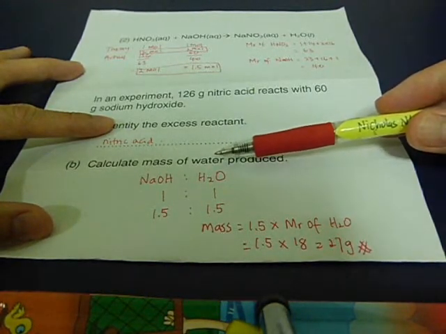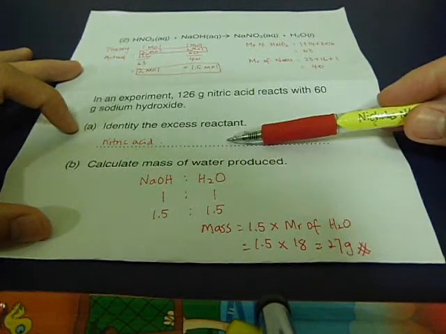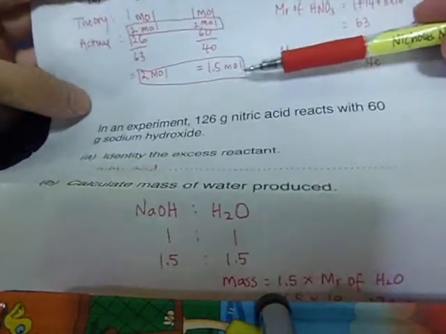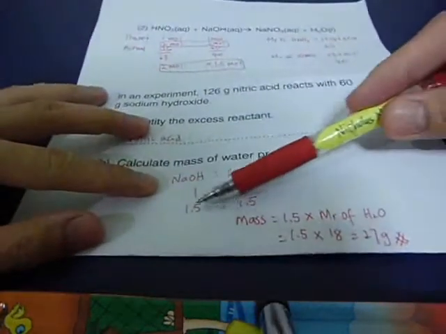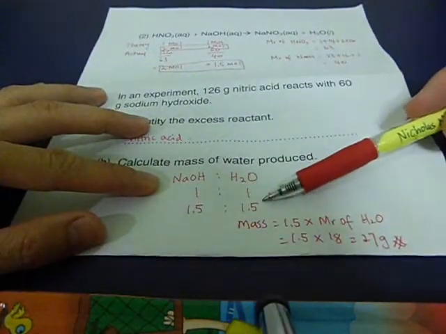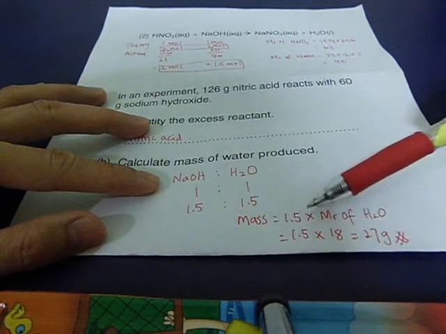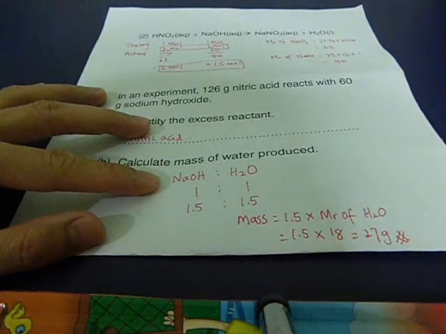The limiting reactant in this case is sodium hydroxide, and we use 1.5 mole of it. So 1.5 mole of water would be produced, and the mass is mole times the MR, which is 1.5 times 18, and that would give you 27 gram.